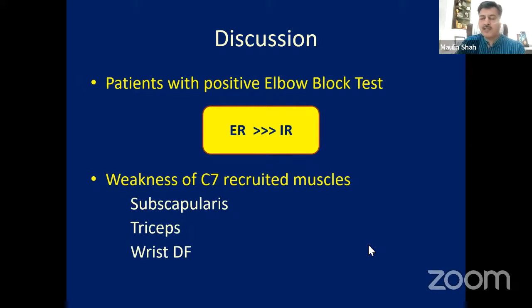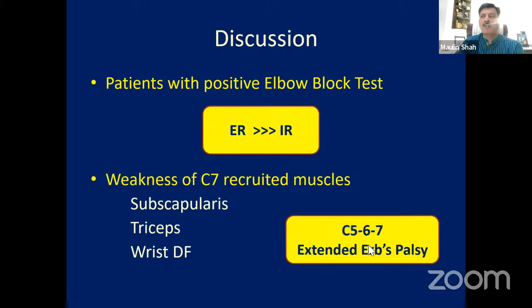Furthermore, we found that all the C7 recruited muscles like lower subscapularis, triceps, wrist dorsiflexion showed weakness, and thus the C7 element was quite a character of positive elbow block test patients. So I found that this positive elbow block test is more of a phenomenon seen in extended Erb's palsy or a predominant C7 palsy than a typical C5-6 palsy.